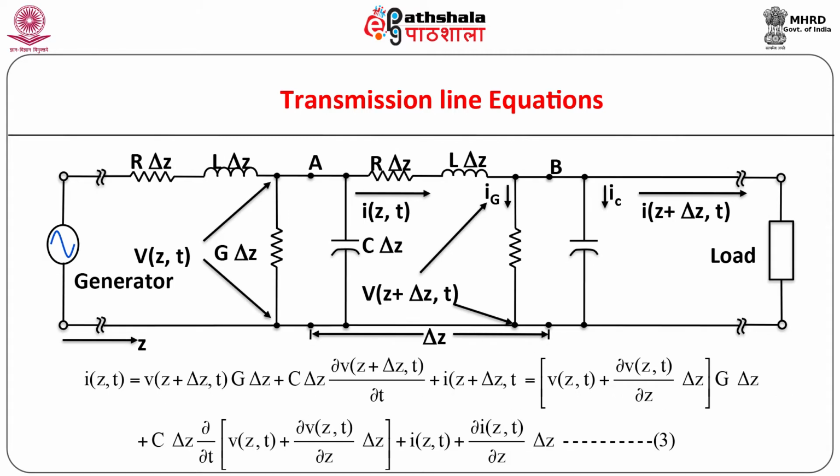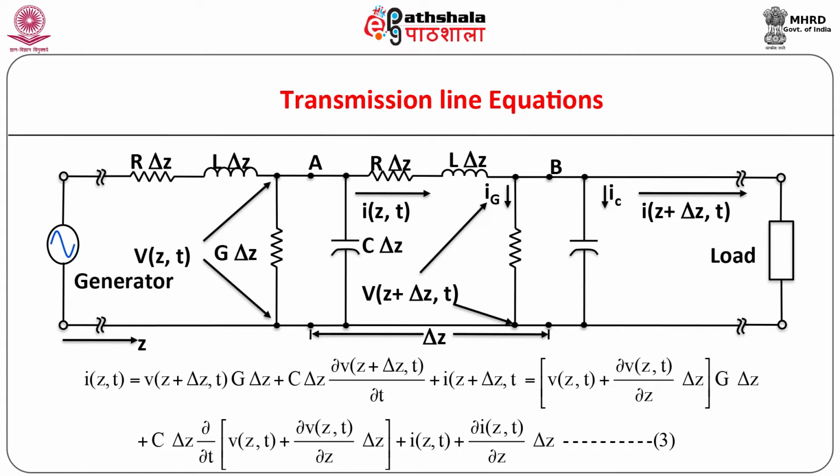Let us apply Kirchhoff's current law to the node B of the line. Summation of the currents at B gives I(Z,t) is equal to IG plus IC plus I at Z plus delta Z,t.